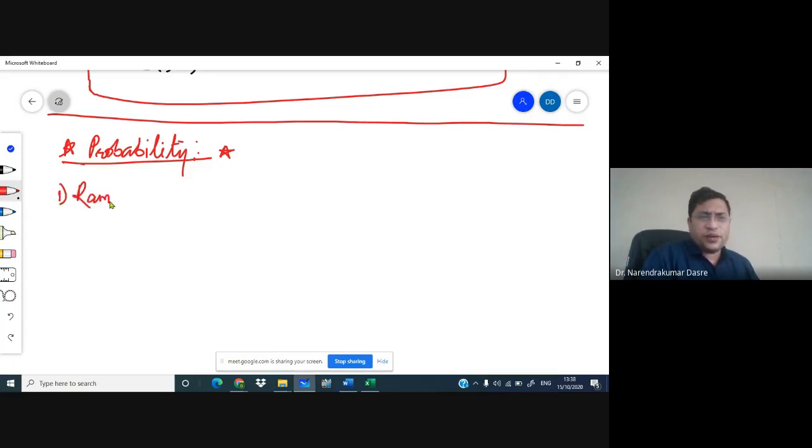So what is meant by a random experiment? It is when we know what will happen, but we are not certain about the happening of that thing.